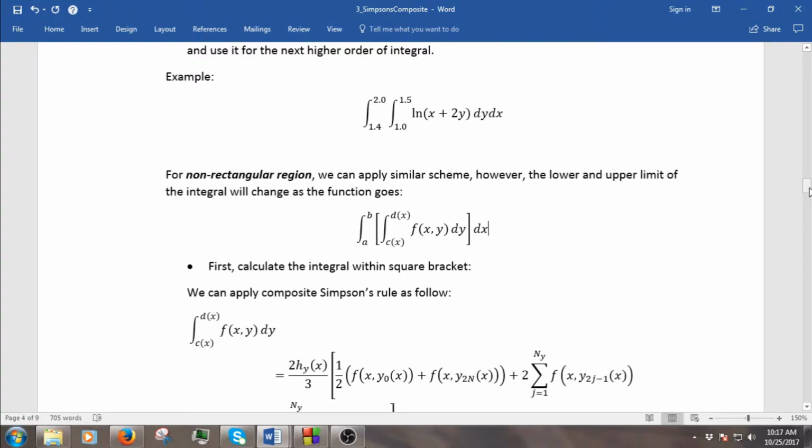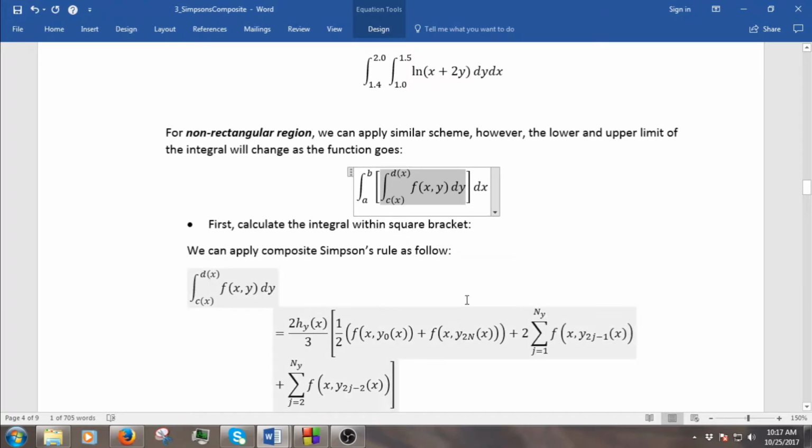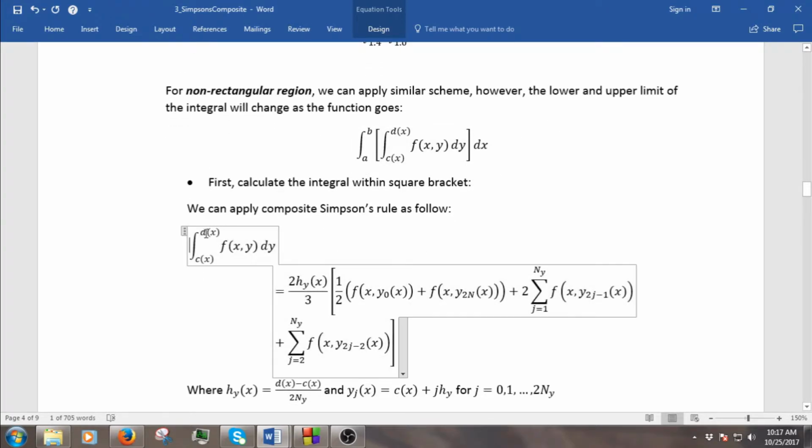So let's do the calculation. To do the calculation, as we did before, we do the integrals within the square bracket here, and because we have this upper bound and lower bound as a function, not as a fixed value, we will produce this result. This part within the square bracket is similar to what we have in the rectangular region, but the difference is the step size on y depends on x, as you can see here.